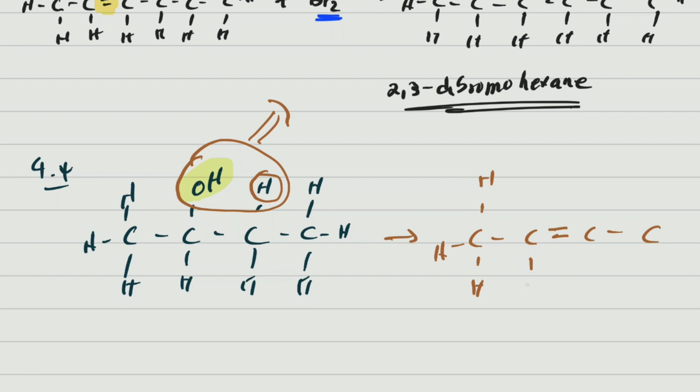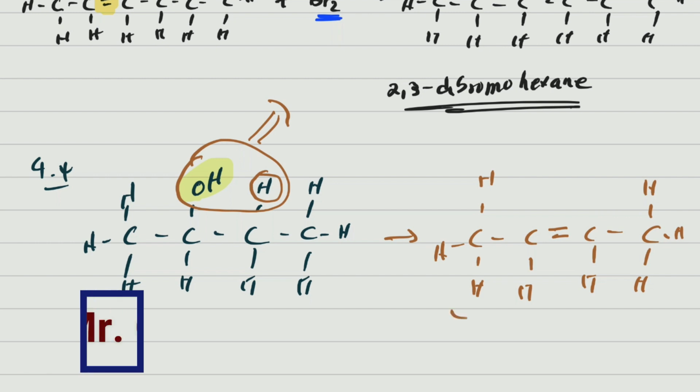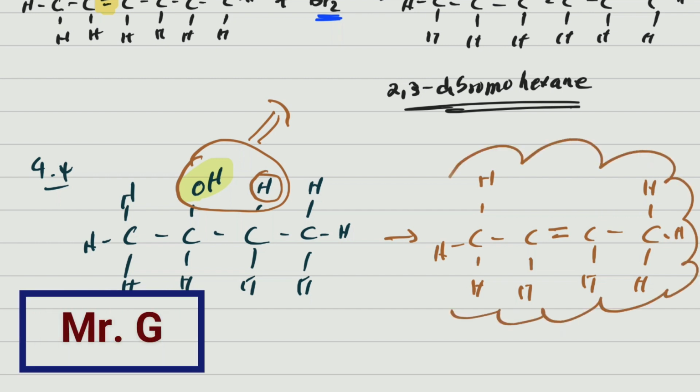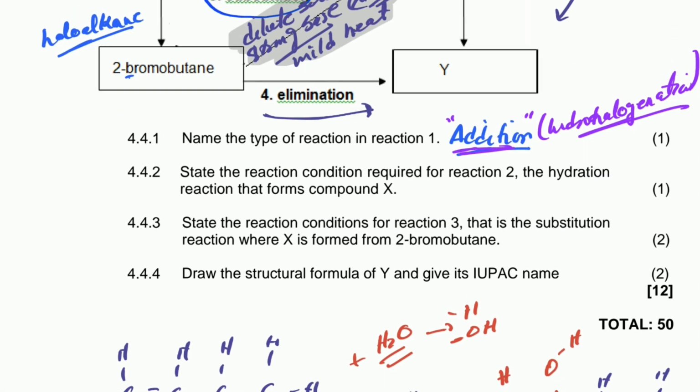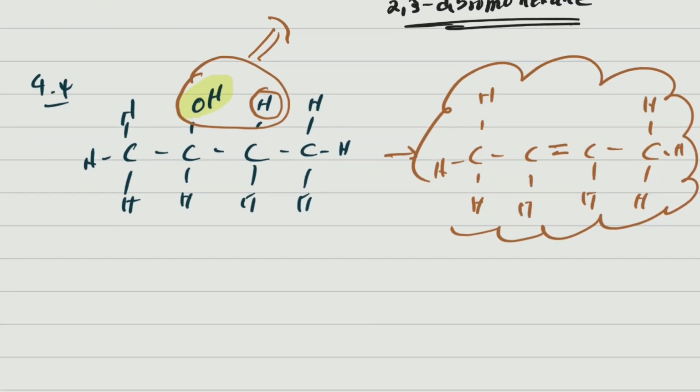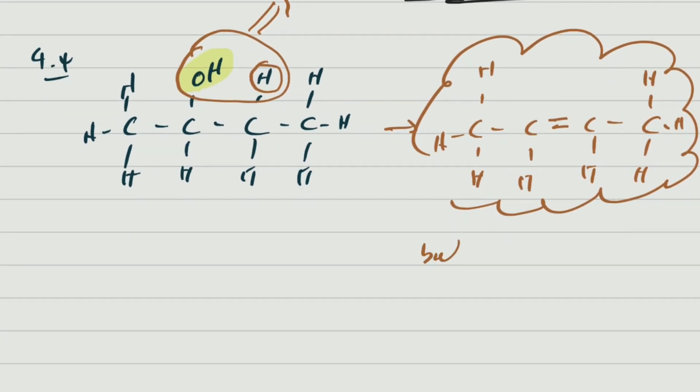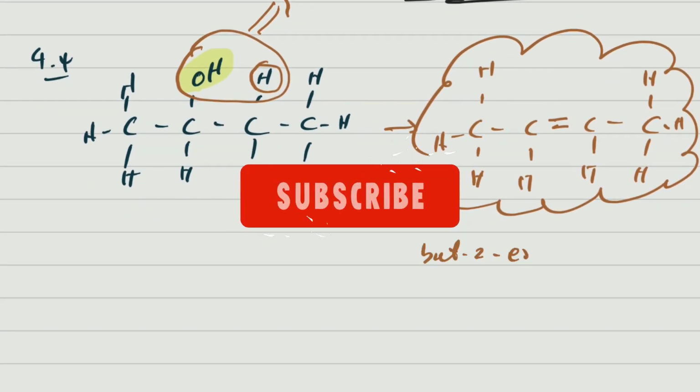And we started in this reaction with but-1-ene, and we are ending with but-2-ene. This is the compound that is down here, which is compound Y. Draw the structural formula of compound Y and give the name. So the name of this one is but-2-ene.